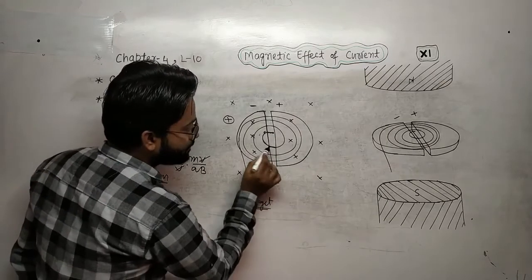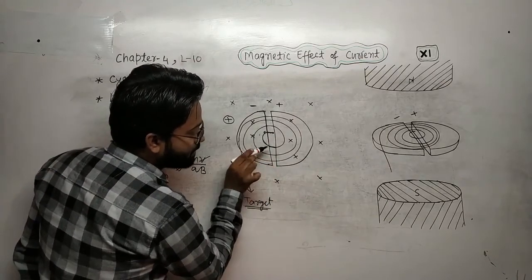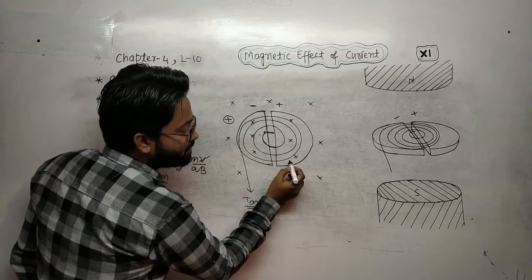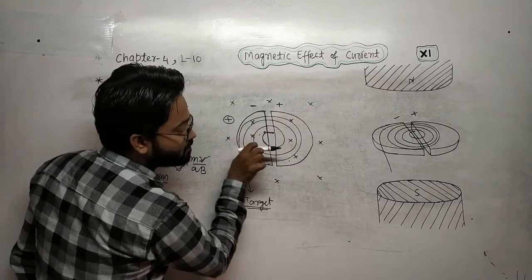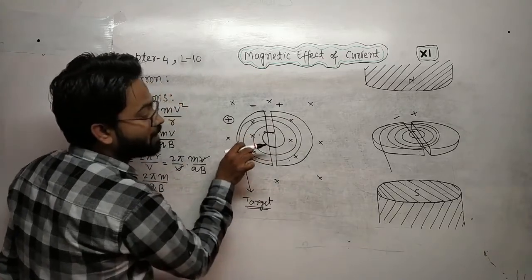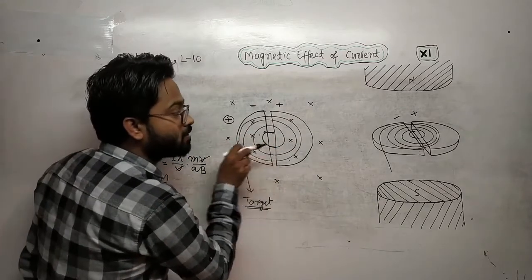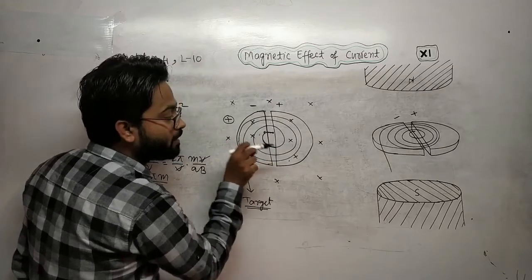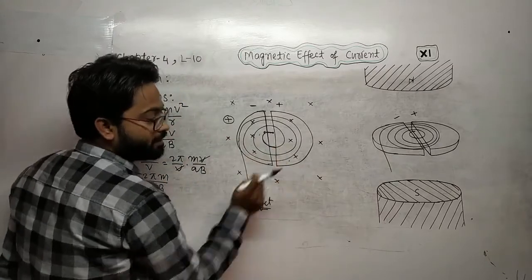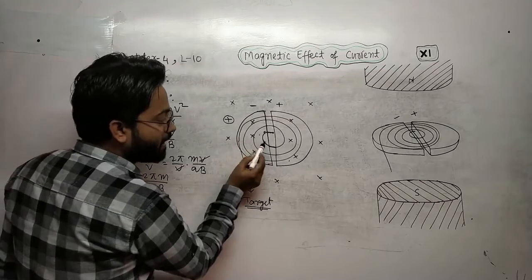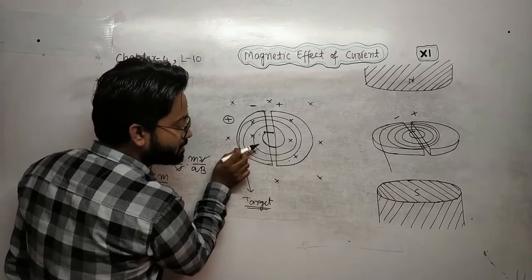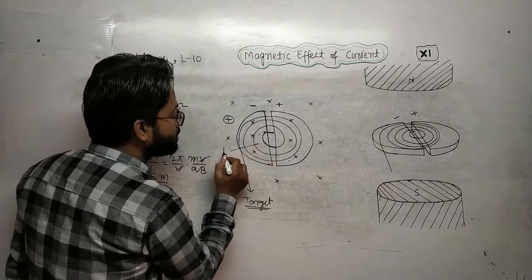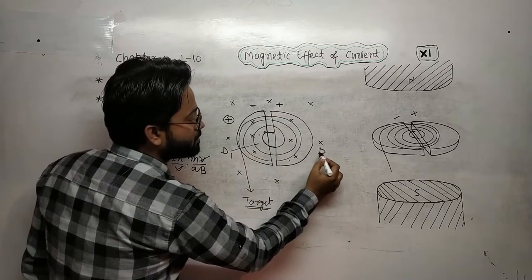Okay, if the charged particle comes again, this disk is positive and the charged particle is positive, the charged particle will decelerate because it will be repelled by the disk. But at the same time, when the charged particle leaves this disk, suppose this is disk D1, this is D2.